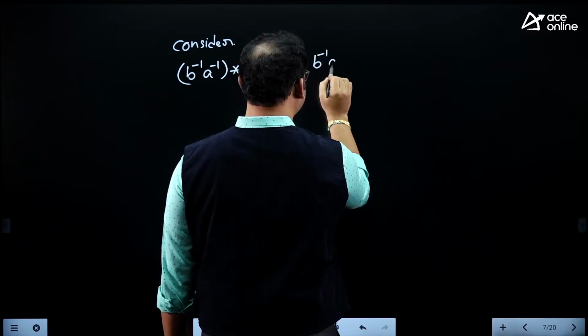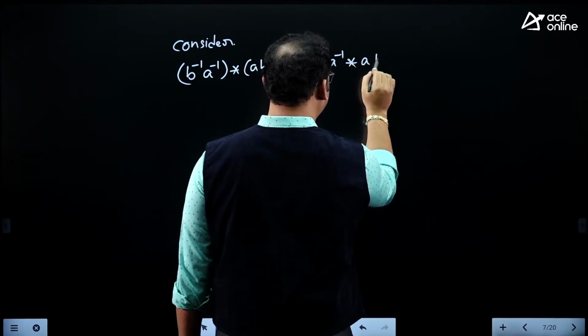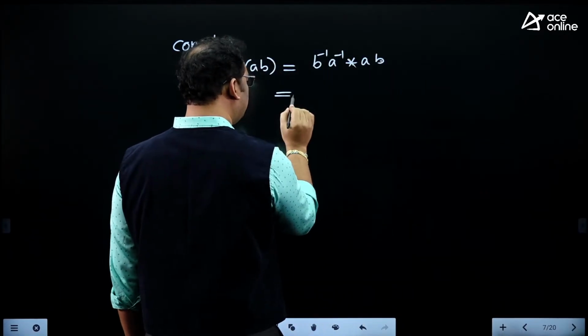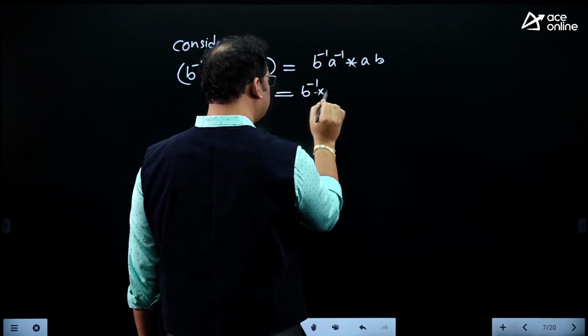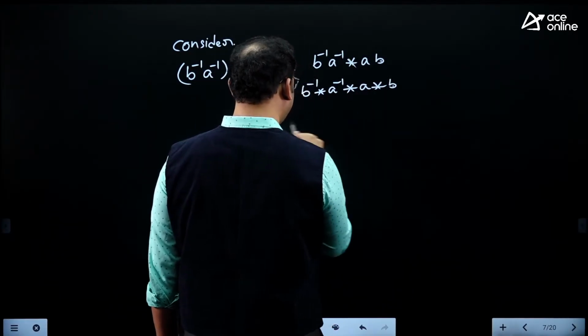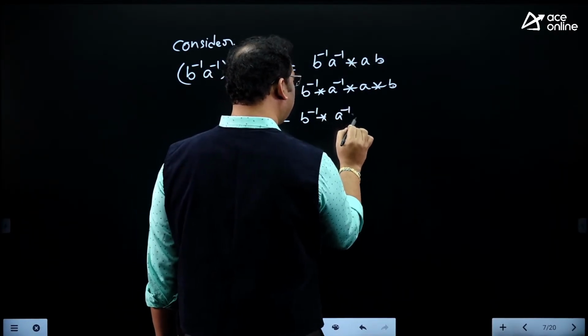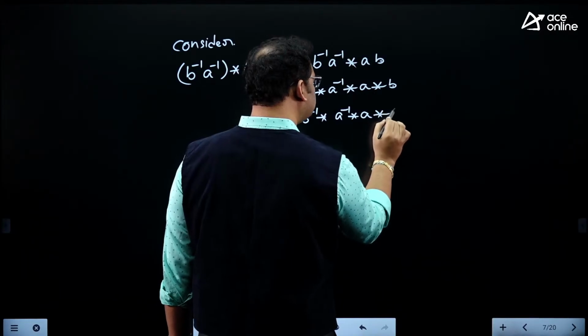B inverse, A inverse, star A, B. This is nothing but B inverse, star A inverse, star A, star B.